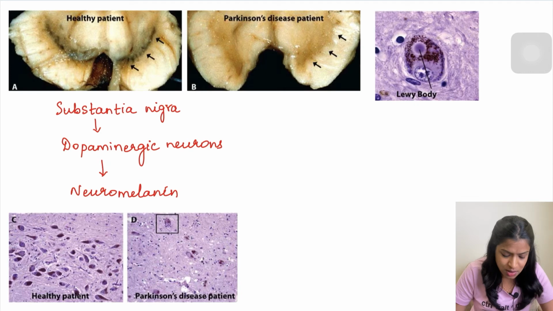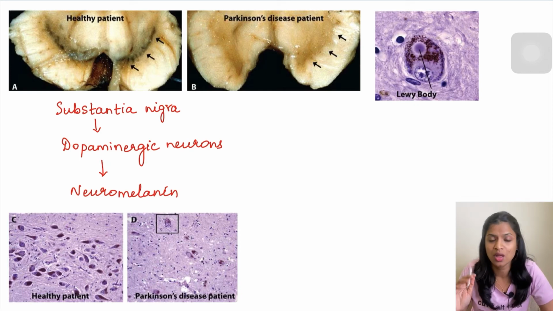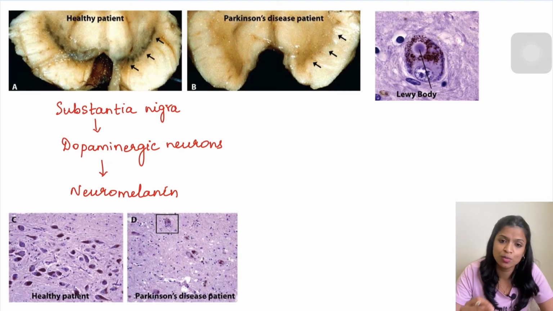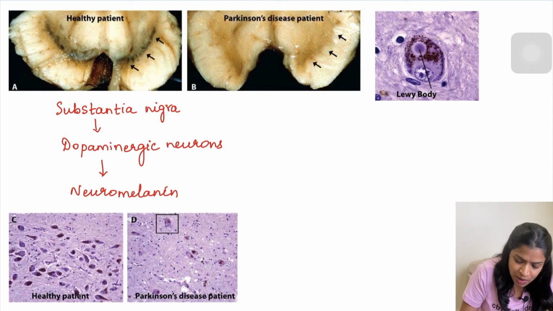This neuromelanin is normally present in a healthy patient. But Parkinson's disease is a disease in which there is a decrease of the dopaminergic neurons in the basal ganglia.